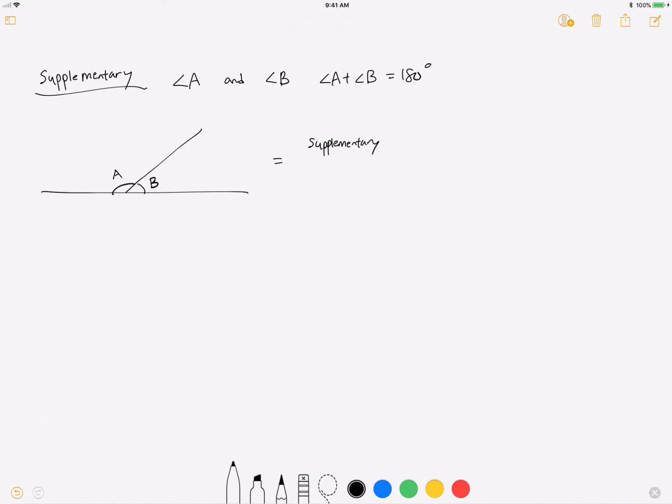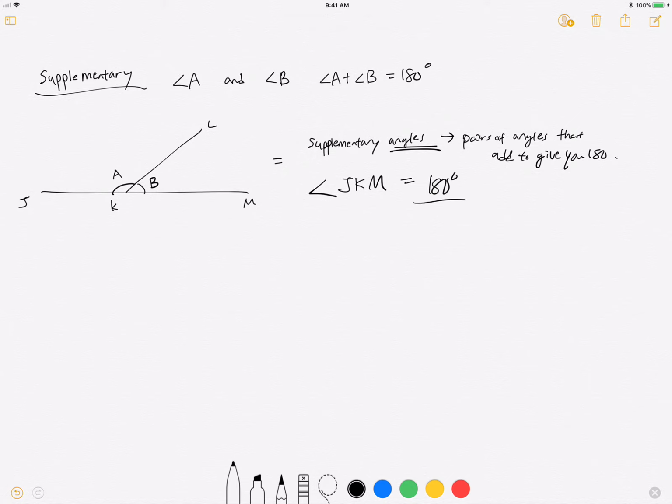So supplementary angles have to add to give you 180. If I were to label this as JKLM, please do not say that the supplementary angle is JKM. Supplementary angles have to be pairs of angles that add to give you 180. JKM is just straight up 180.